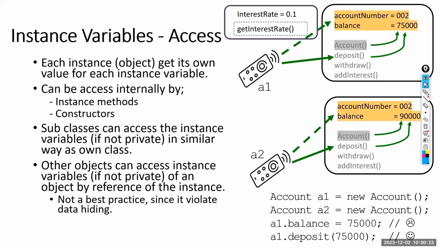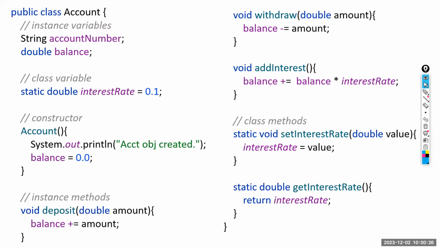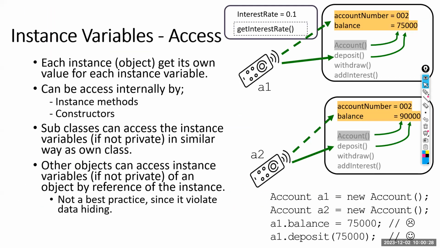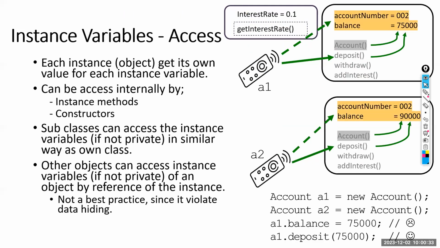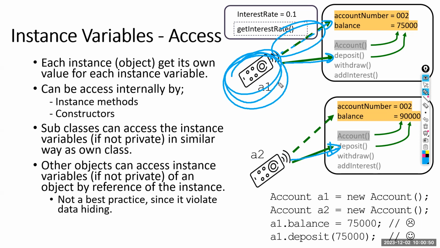For example, you can see that this reference variable can call behavior. That is called messaging. That is okay. But this one you can do, but it is not best practice because then some other object accesses the data directly.